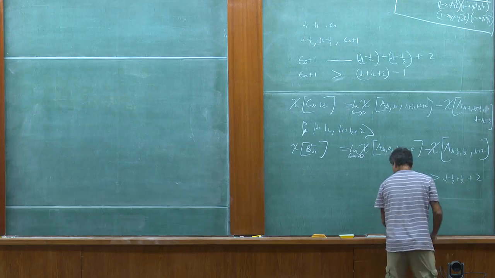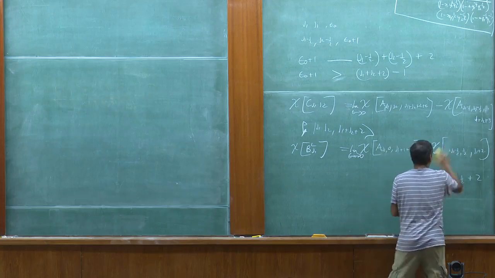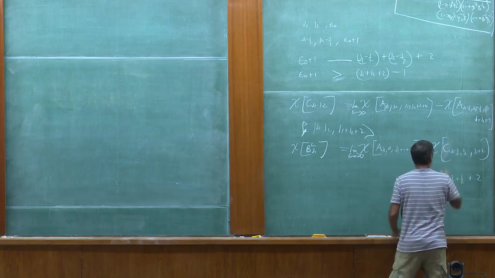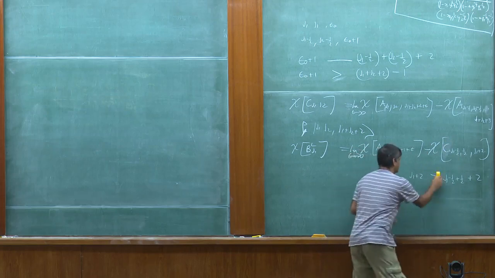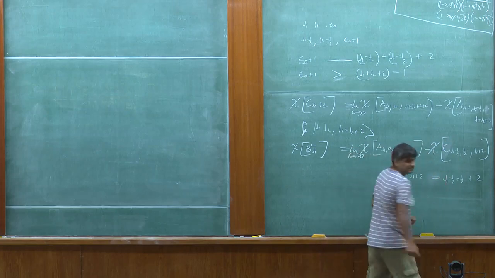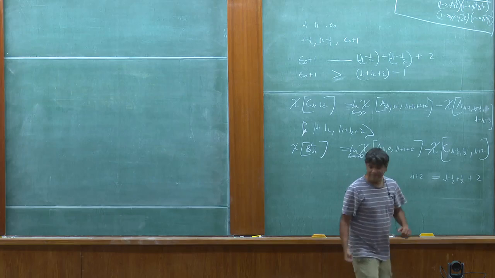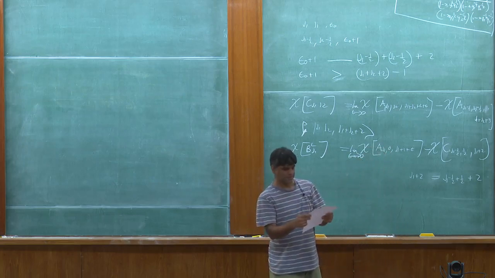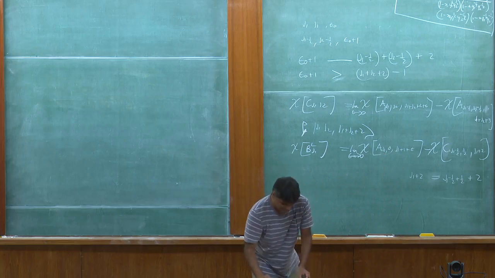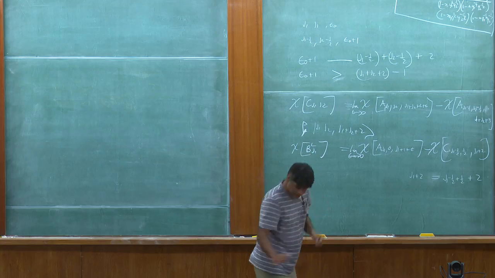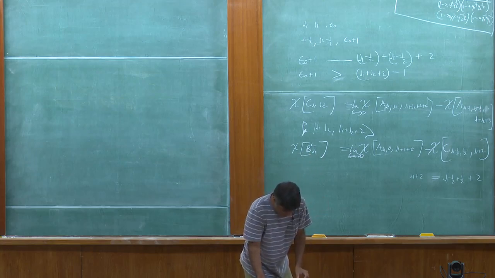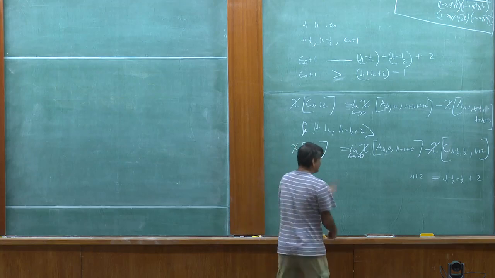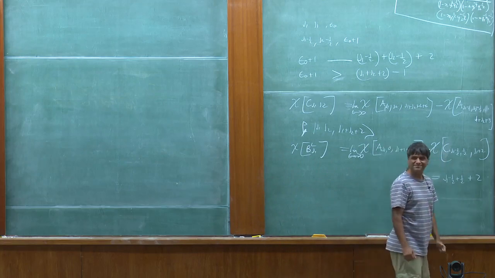Maybe I got it wrong. Yes, I think you're right. This was a C type. Sorry. Yes, exactly. B and a C type representation.